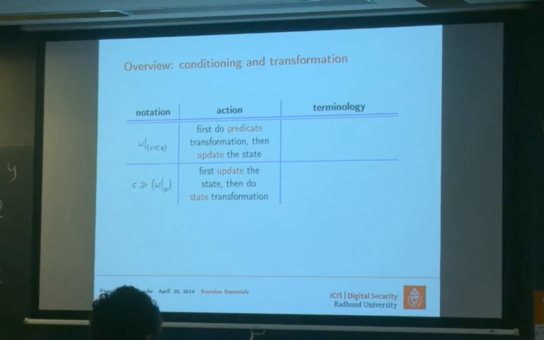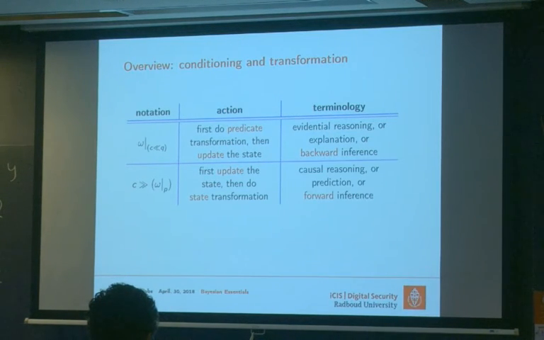These things have different names in the community. They are called evidential reasoning or explanation, or we like to call them backward reasoning. So you have a predicate, reason backwards and then update. Or they're called causal reasoning or prediction if you go forward.